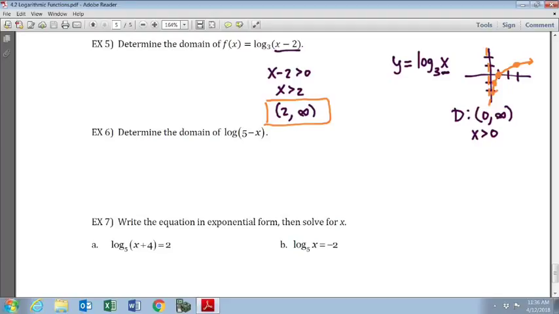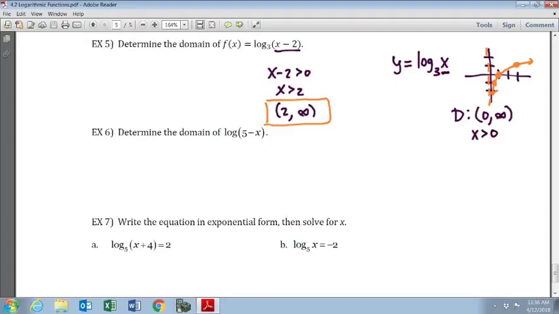So notice if we actually plugged in 2, the log base 3 of 2 minus 2 would be the log base 3 of 0. You can try it in your calculator. Actually, you won't be able to do that yet. You could do the log of 0 on your calculator or the natural log of 0, and you see that you get an error message. You cannot take the log of 0 or a negative number.